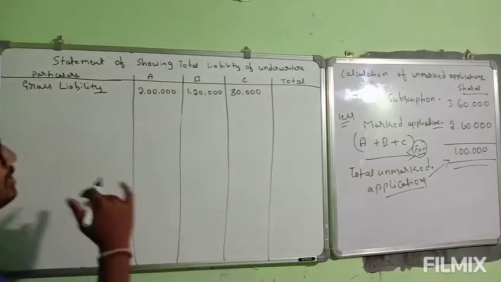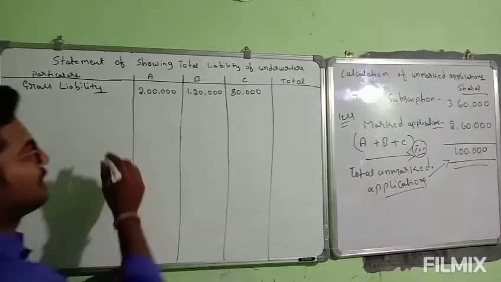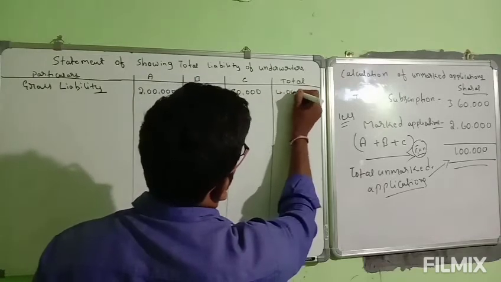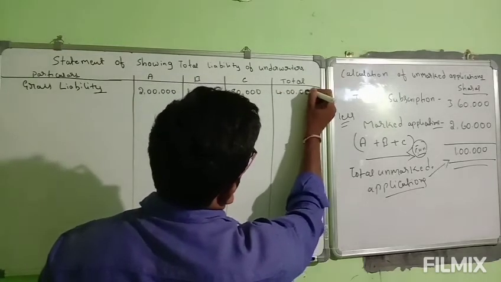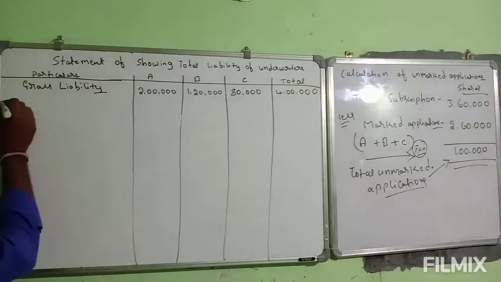That is what we call shares allotted to each underwriter, which we consider as gross liability. So the total is 4 lakhs.